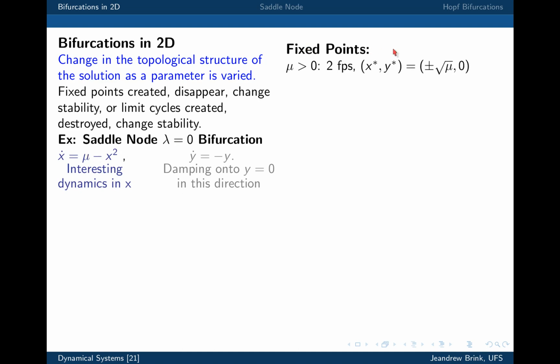Basically, x star, y star equals plus minus square root of mu, and then it's always on the y equals 0 axis. If mu equals 0, then you have 1 fixed point, basically the origin. And so you can see you have the case where you have 2 fixed points going to 1 fixed point. And if mu is less than 0, then you have no fixed points, basically.